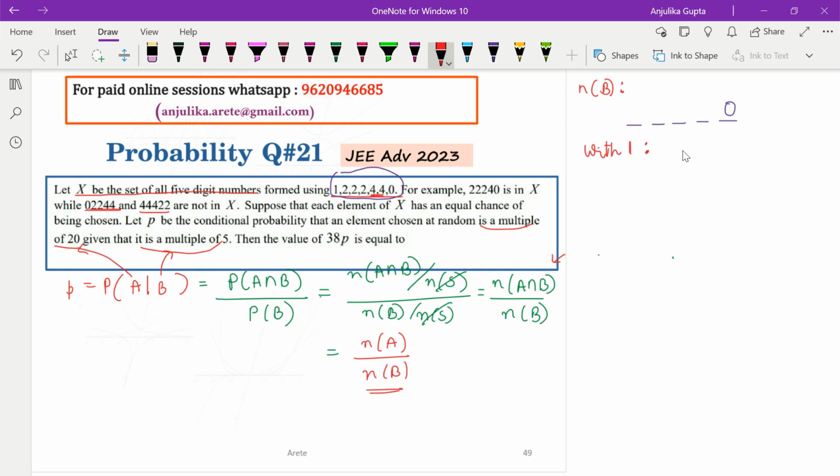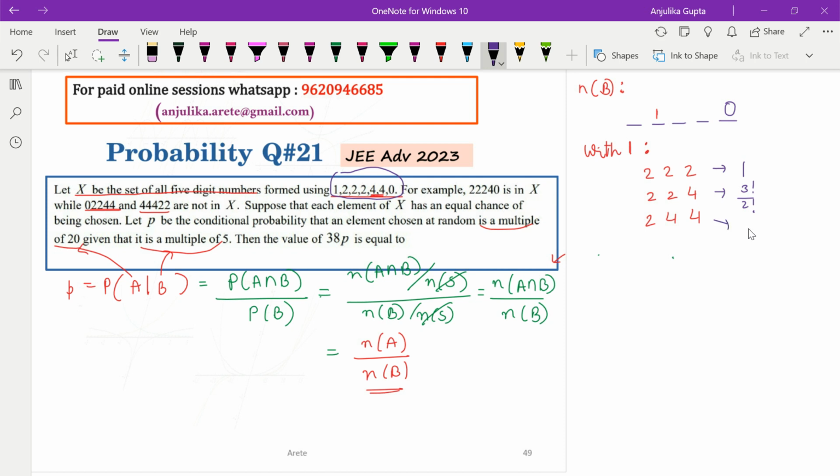Now 1 can take any of the 4 positions. Let's say 1 is here. Now there are 3 remaining positions. How can we fill them? Either I fill all 3 positions with the twos given to us, all 3 twos, or you use just 2 twos and a 4, or just 1 two and 2 fours. These are the only ways you can fill the rest of the 3 positions. How many ways? Only one way for the first. For the second, 3 factorial over 2 factorial because there are 2 twos.